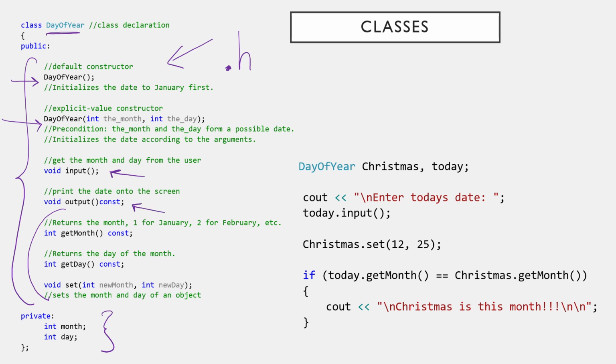So those would all use the scope resolution operator for the implementation. When you use the scope resolution operator for the implementation, that would be in a .cpp file. That's where you would put the implementation.